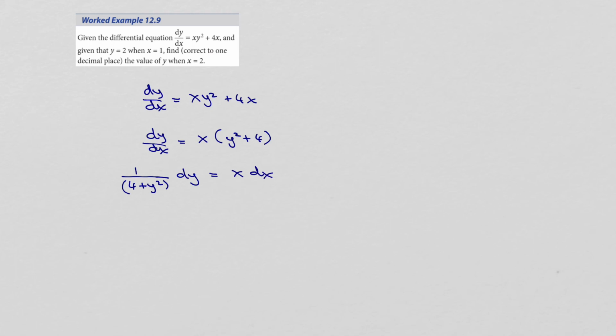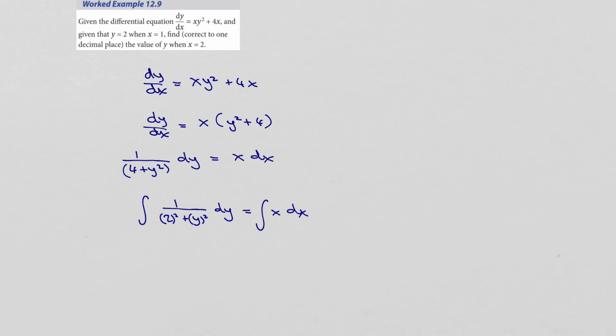And now if I set it up to integrate, we'll have 1 over 4, which I can see is going to be something squared plus something squared, is equal to x dx. And again, if I look at what are my start and my end limits, so this time we're actually given end limits.